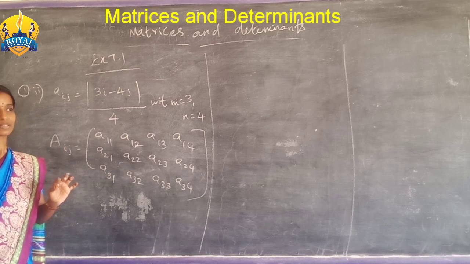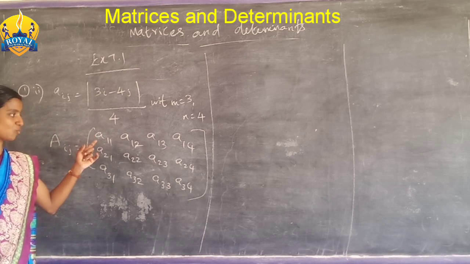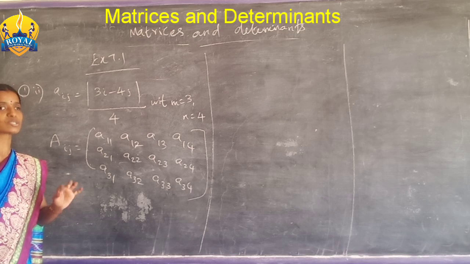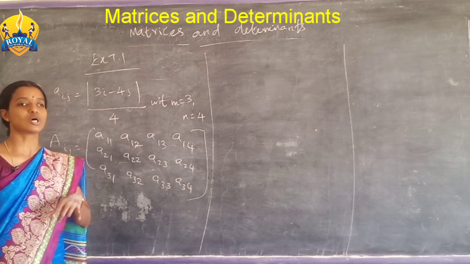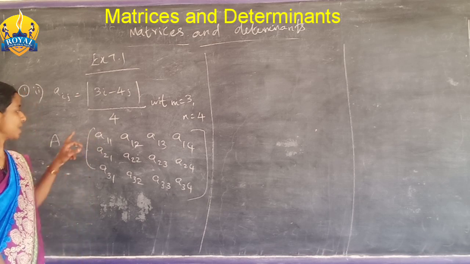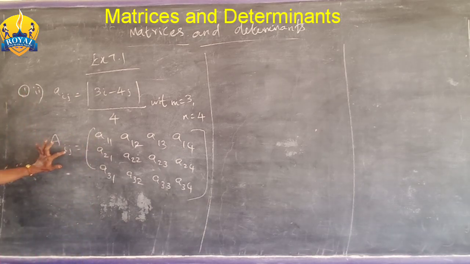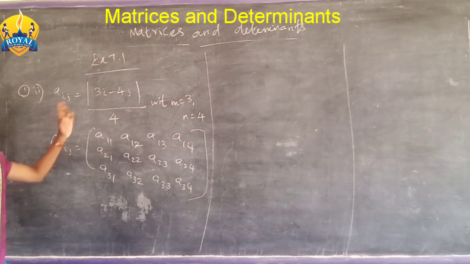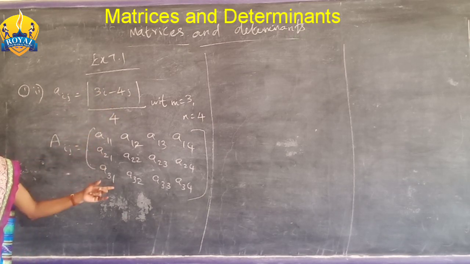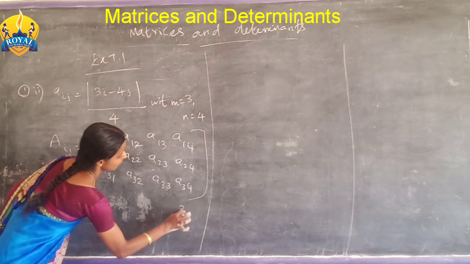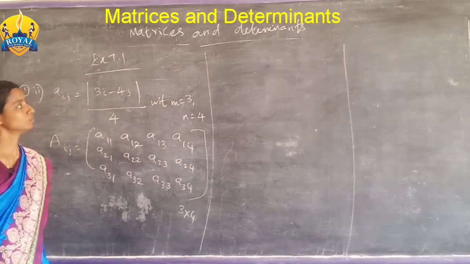In Aij, i denotes my first element and j denotes my second element. So replacing that according to the question, we construct the matrix of order 3 cross 4.